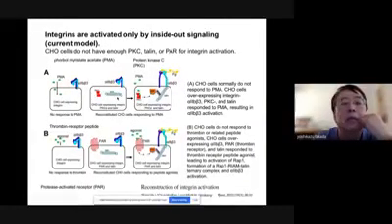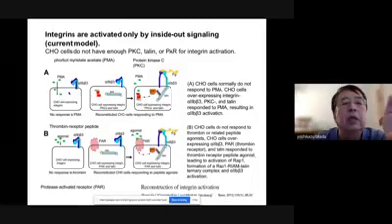This is the same process, but integrins are usually believed to be activated only by inside-out signaling induced by thrombin or other platelet agonists.